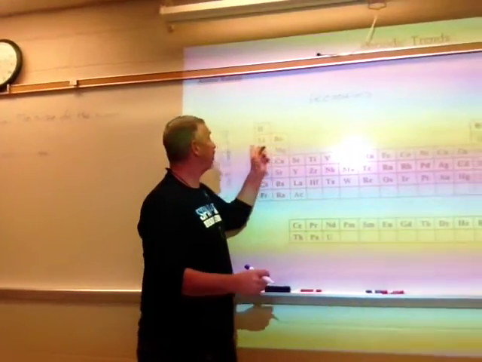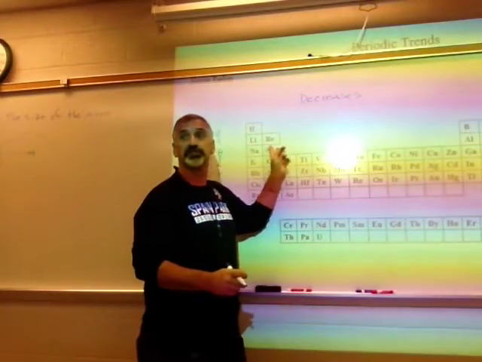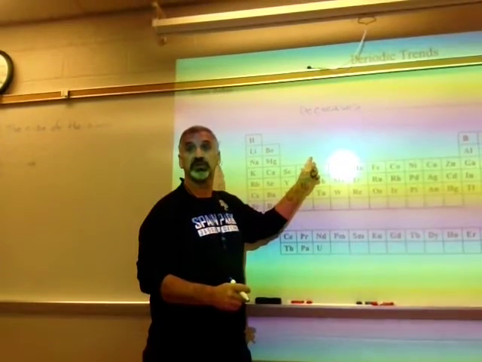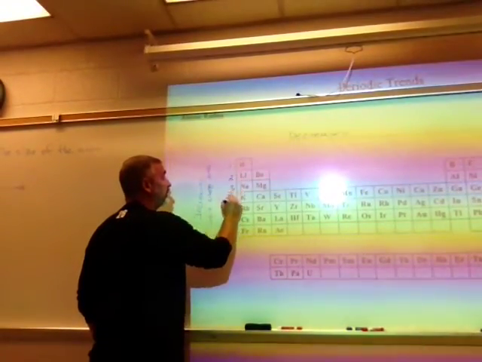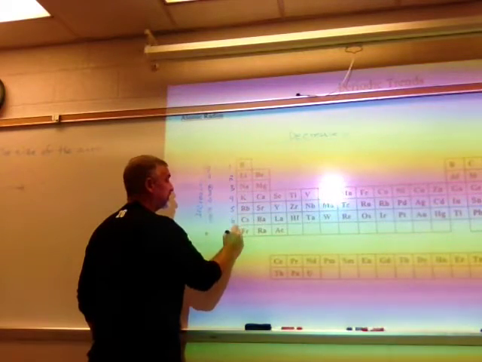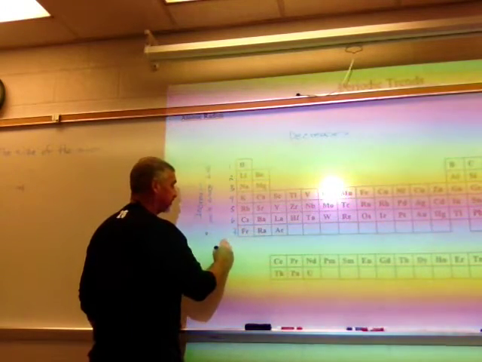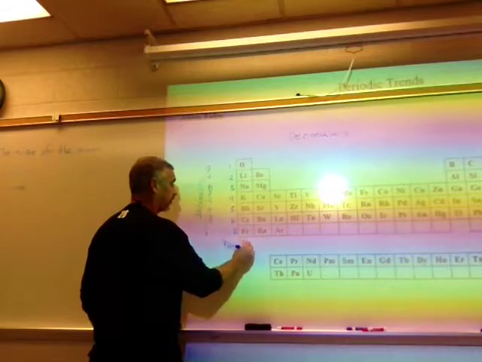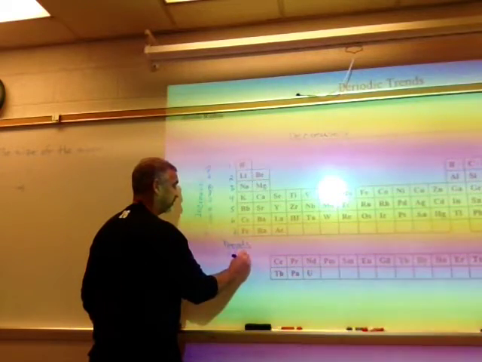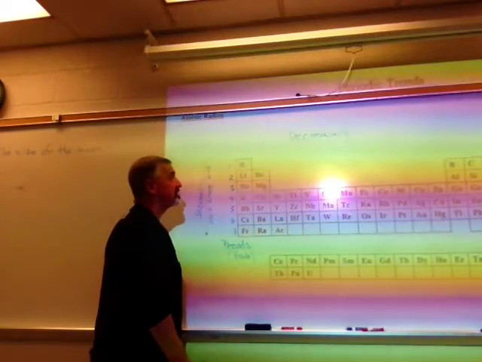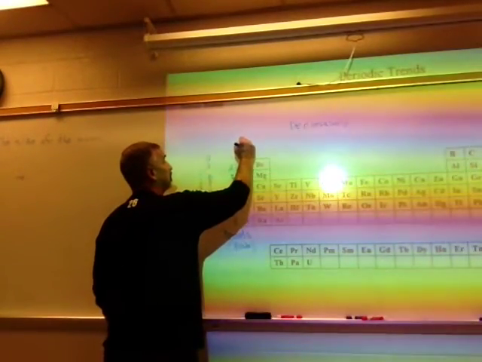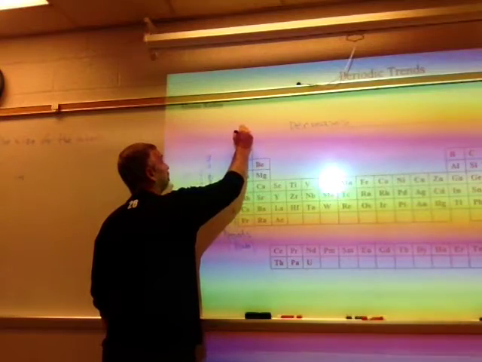Going across, and by the way, what do we call the rows? Periods, right? We have 1, 2, 3, 4, 5, 6, 7 periods. That's your rows. What do we call the columns? Groups or families.